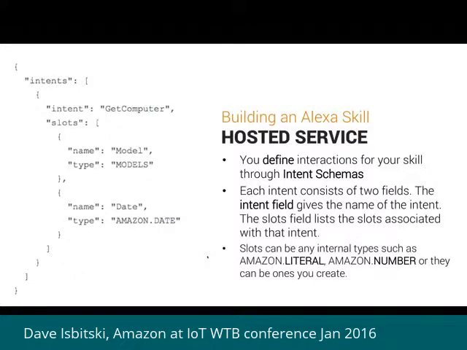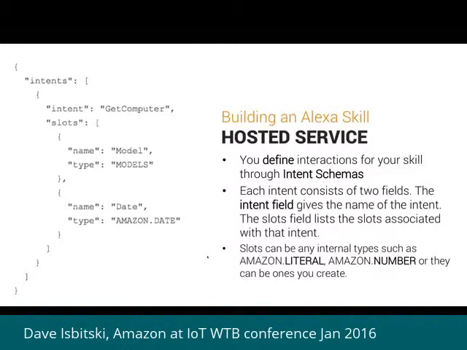And what's great about this is we'll automatically cast that to the native type that you'd be expecting in a programming language. So if I say, Alexa, tell me the computer models from 15 years ago, she'll know to go and say 2001. And then models, as you can see here, is what's called a custom slot. So you can actually create your own data types too.